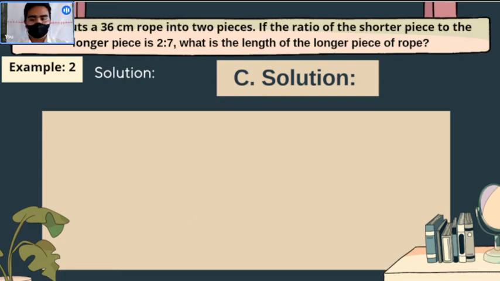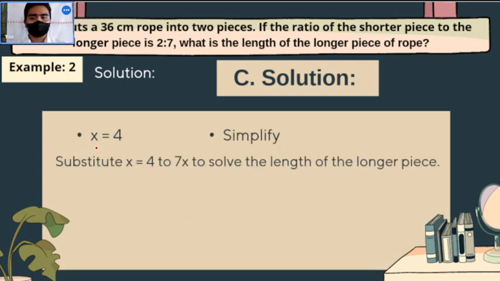Now that we have x is equal to 4, we are going to substitute the value of x into the given. What is the given that we have? It is 2x plus 7x is equal to 36. We're going to substitute all the values of x, so all of your x's will become 4.